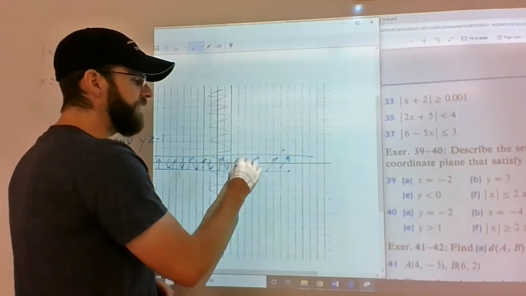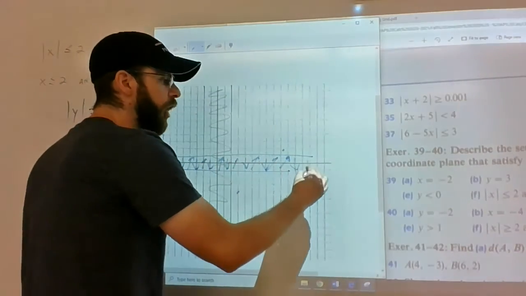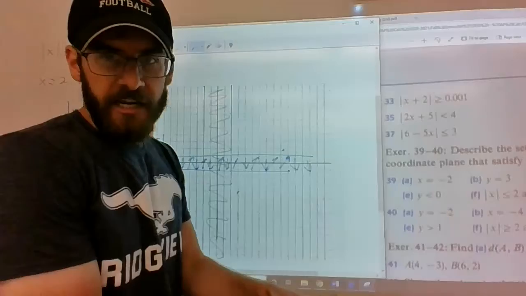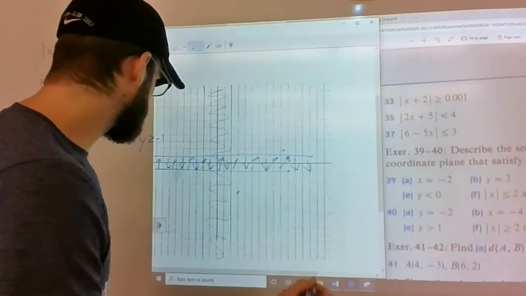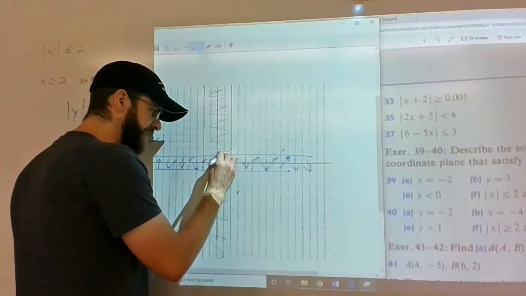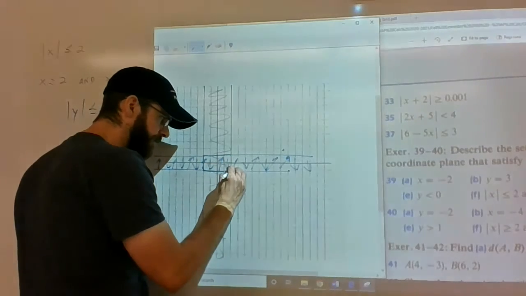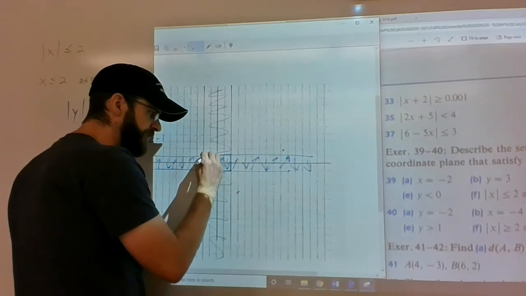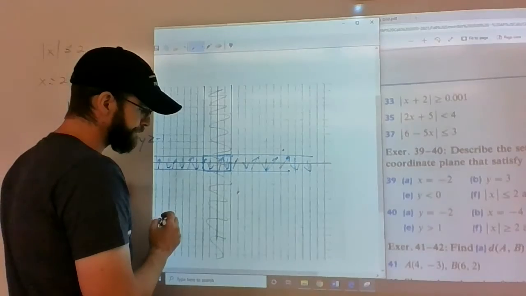All right, so where's all the black shaded and where's all the blue shaded here? Well, it seems like this rectangle bounded right here seems to be the region we're talking about.